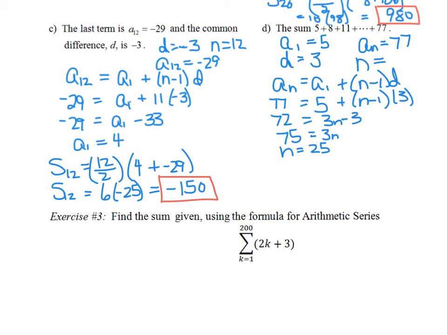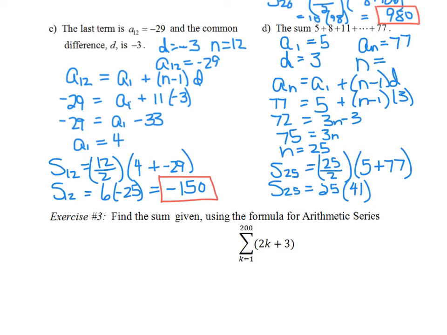Now let's use our formula for the sum of the first 25 terms. That's going to be 25 divided by 2, multiplied by the first term 5, plus the last term 77. Sometimes I like to switch where I put the divided by 2 because I've got an odd number here. So I can also write this as 25 times 82 divided by 2, which is 41.